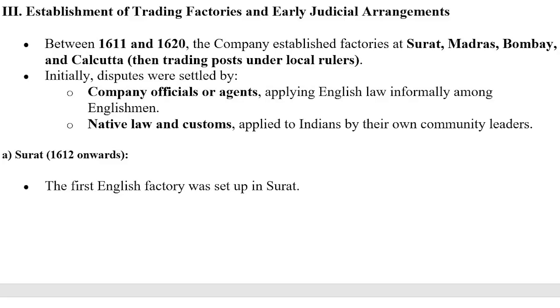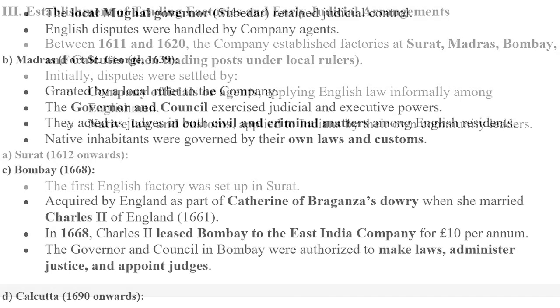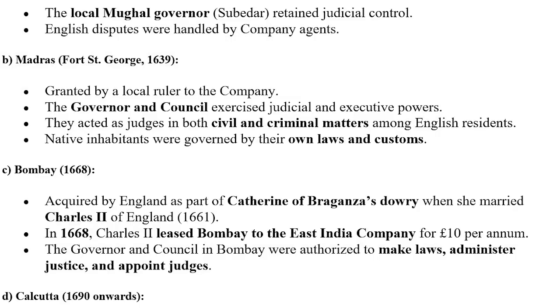Initially, disputes were settled by company officials or agents applying English law informally among Englishmen, and native law and customs were applied to Indians by their own community leaders. For example, in Surat, from 1612 onwards, the first English factory was set up. The local Mughal governor, Subedar, retained judicial control. English disputes were handled by company agents.